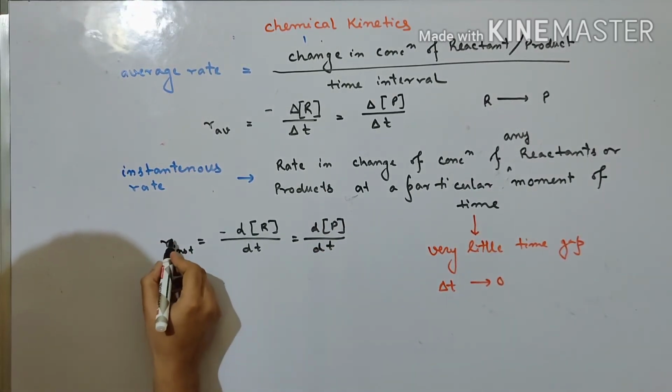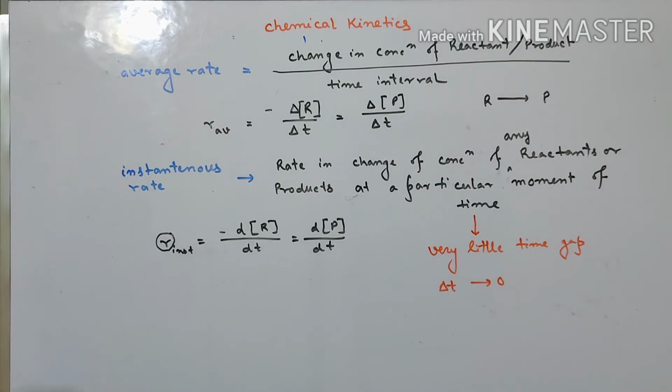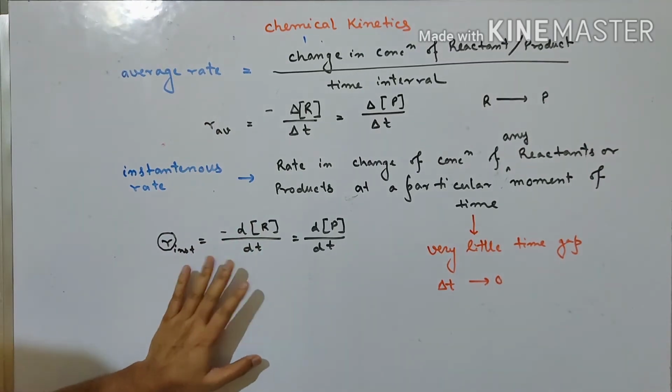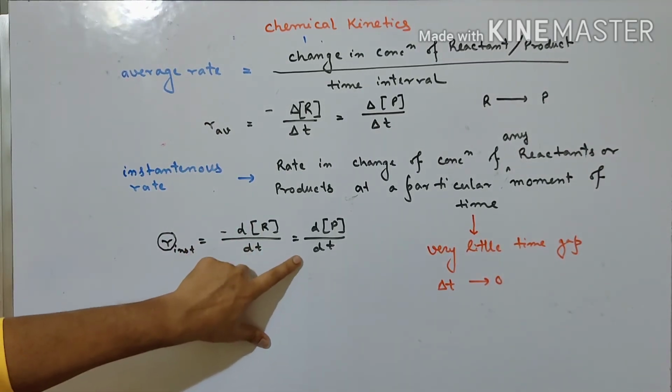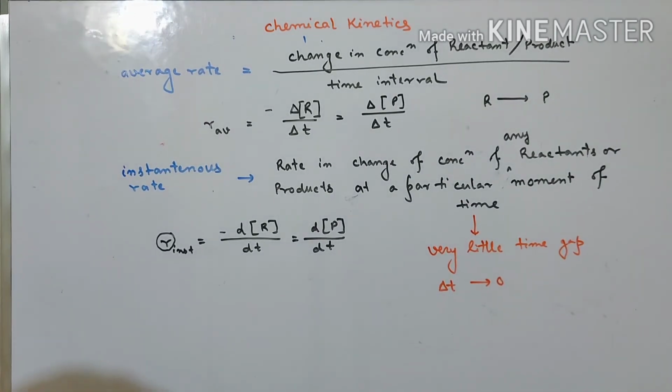And from here on, we are going to utilize this only. Whenever we talk about R, we are basically talking about the instantaneous rate from here on. So for this particular reaction, the instantaneous rate should be written down like this. Remember, we are considering delta T tends to 0.